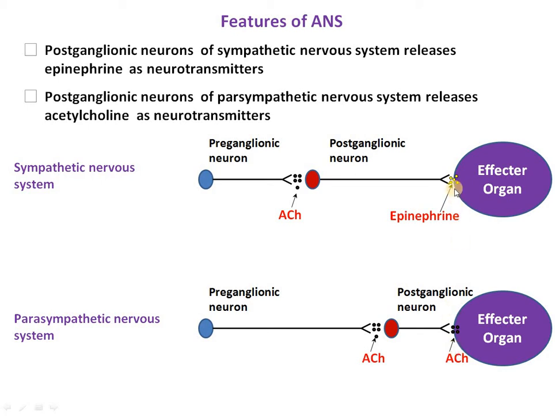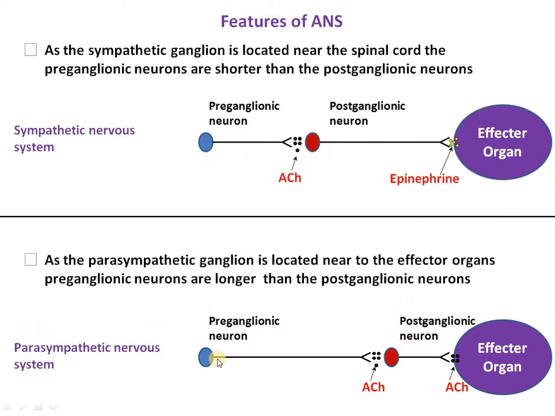The release of two different types of neurotransmitter actually creates different activity, even when the same organ is connected by both the sympathetic and parasympathetic nerves.